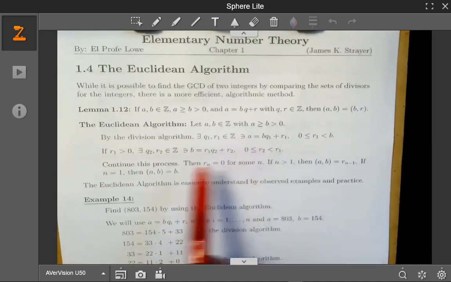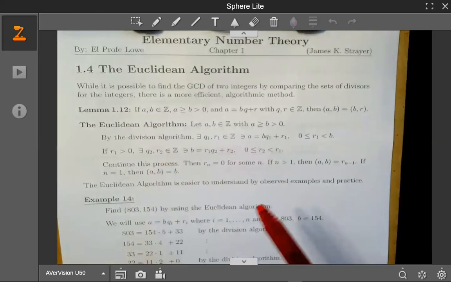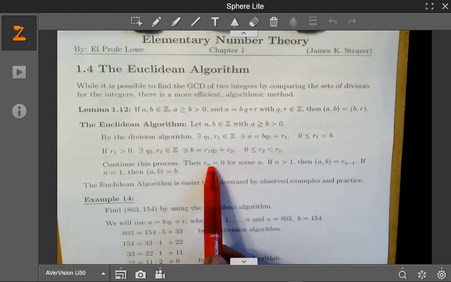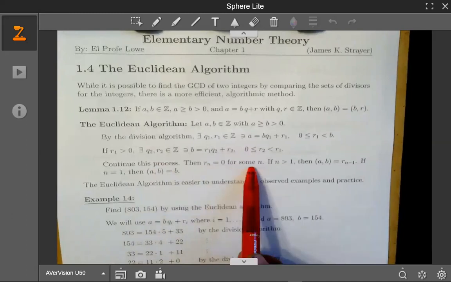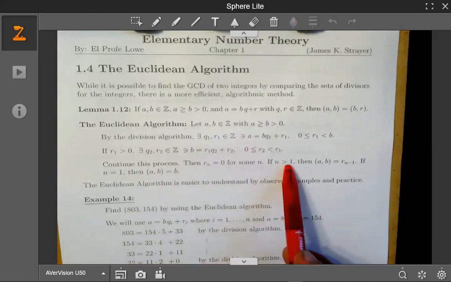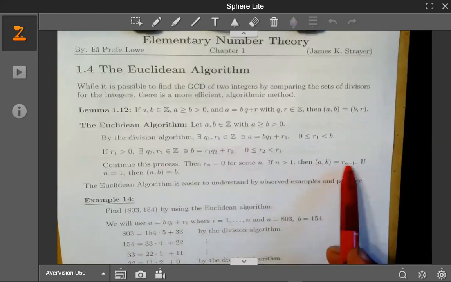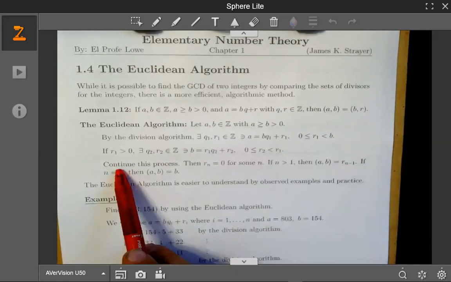Then you continue this process until r sub n is equal to 0 for some n. If n is greater than 1, then the greatest common divisor is r sub n minus 1. If n equals 1, then the greatest common divisor is b.